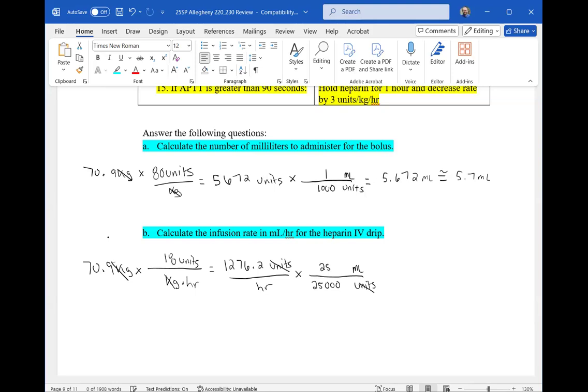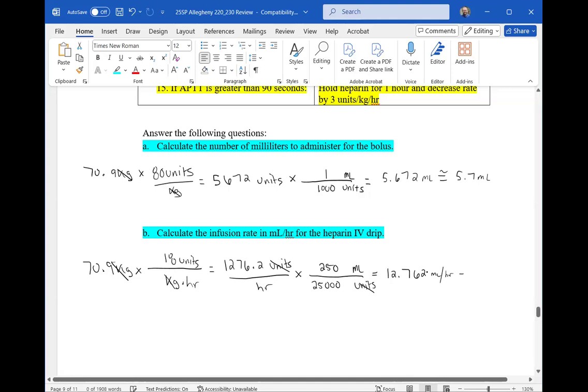I'm going to multiply my 1276.2 times 250 divided by 25,000, and I'm going to get an answer of 12.762 milliliters per hour. We're going to round that to the nearest tenth, which is 12.8 ml per hour.